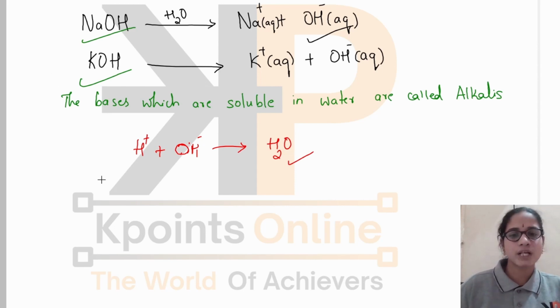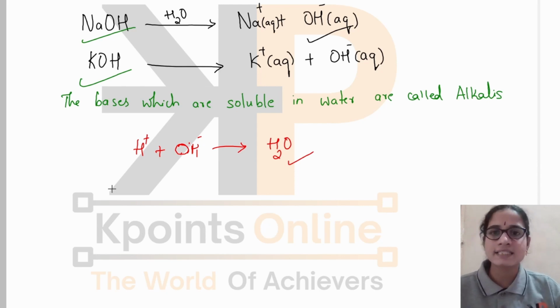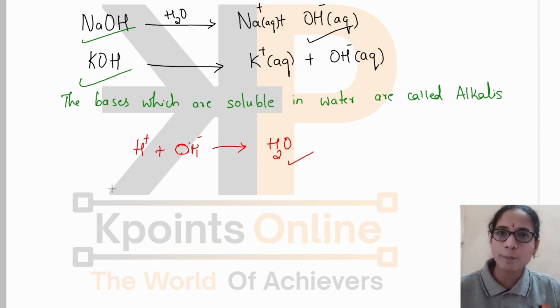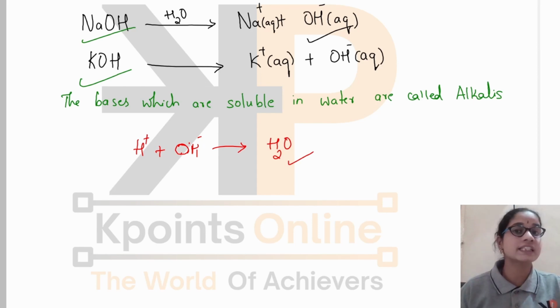So now we have come to know that acids produce ions only in solution, and the acidic property is due to the presence of those H plus ions. Okay. Not all compounds which have hydrogen in them behave as acids. Only those substances which produce H plus ions in water will behave as acids. Okay. Because of this, in the previous experiment also we came to know why the glucose solution was not conducting electricity, because there was no formation of ions.